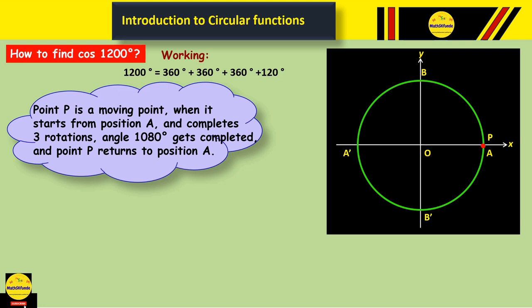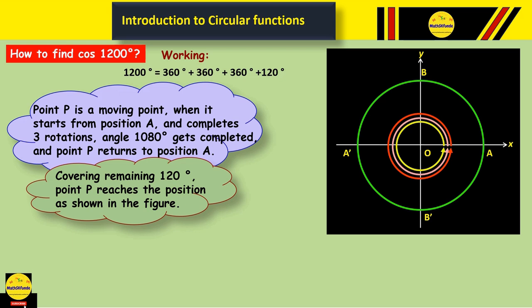In these three circles, the total angle covered is 1080. It is not yet 1200. Still, 120 degrees is left. So first it completes the first circle, second circle, third circle, and then additionally 120 degrees is to be shown in the picture. So how do I do it?